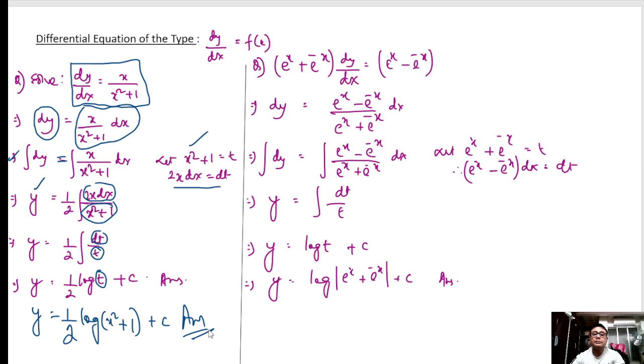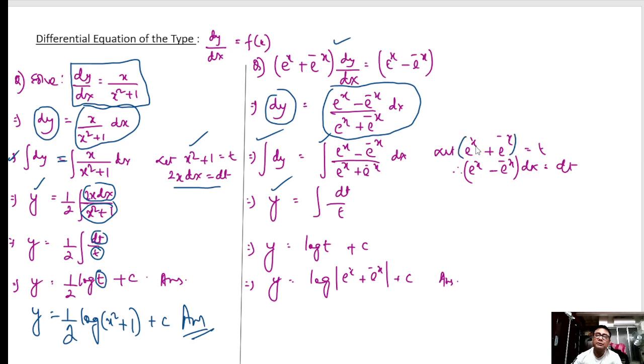Okay, next, this equation. Again the same target: separate the y part and the x part, and put an integration sign before both. So integration of dy is y. Now how to integrate the other side? Let the lower part be taken as t.